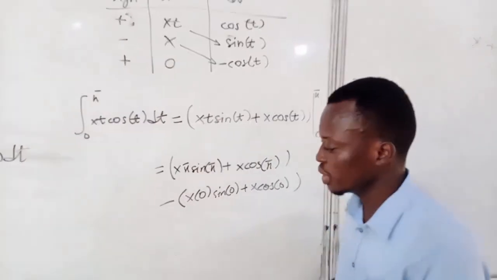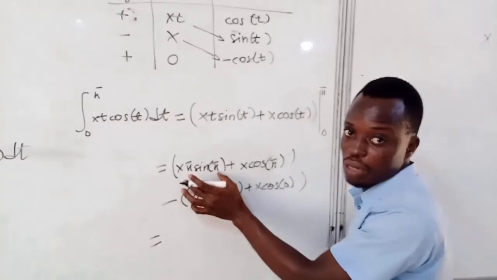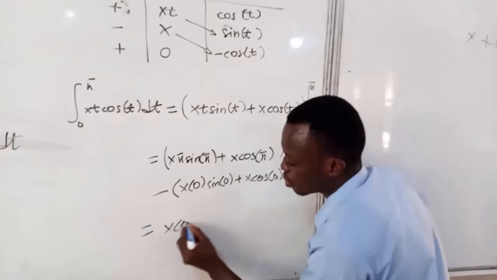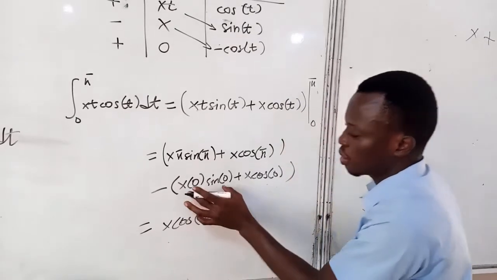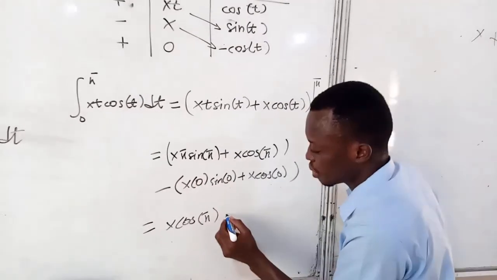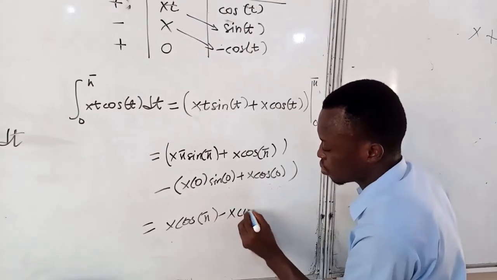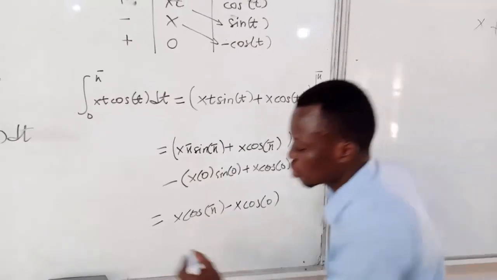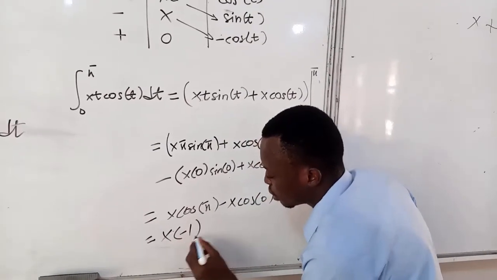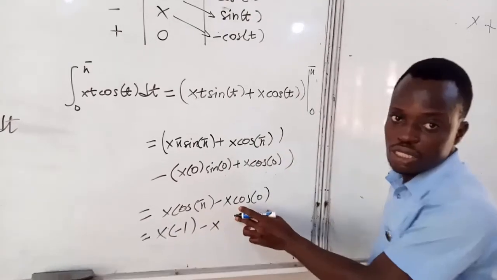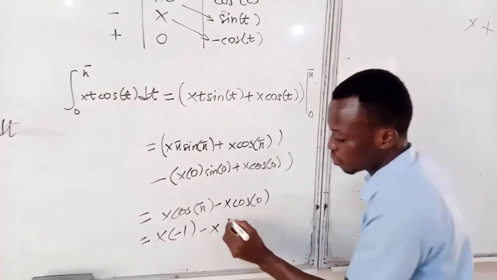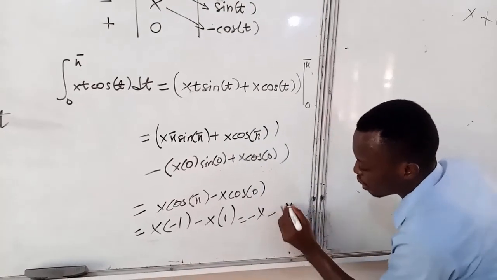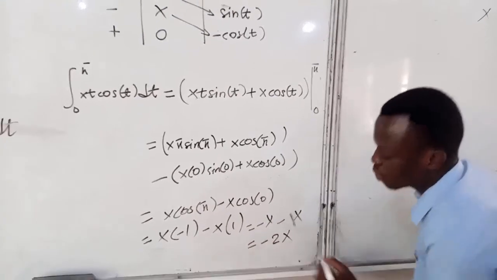So here we are going to get sin pi, this sin pi is 0, and cos pi, we're going to have s cos pi. Cos pi gives me minus 1. So s in bracket minus 1 minus s cos 0. Cos 0 gives me 1. So I'm going to get minus s minus s, which will be equal to minus 2s.